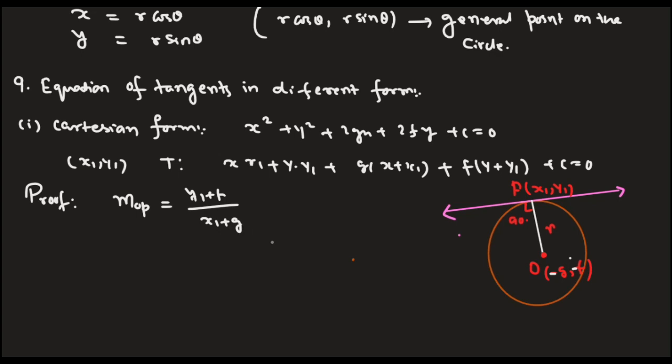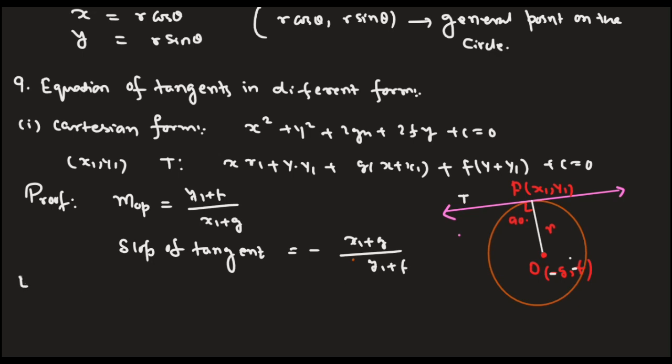This is the slope. The tangent and this line are perpendicular, so you can easily find the slope of the tangent. This slope will be minus of (x1 plus g) divided by (y1 plus f).